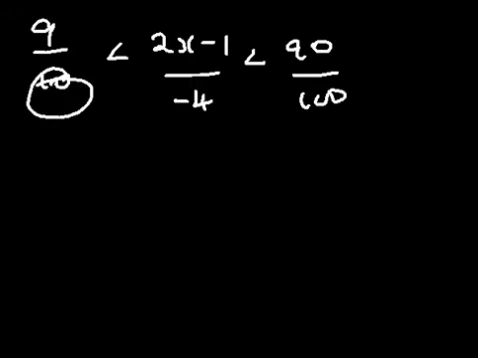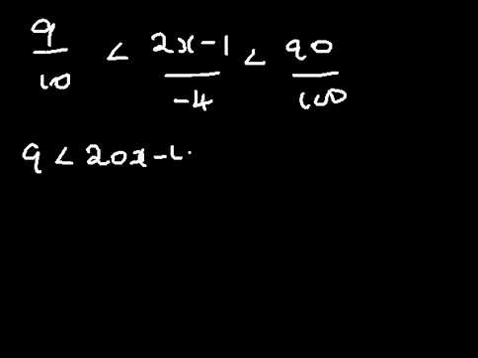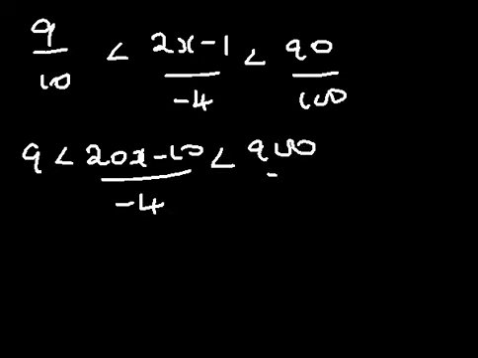Let's think of multiplying everything by 10 first. So we have 9 less than 20x minus 10 over negative 4, and less than 900 over 10, which is the same as 90 over 100.